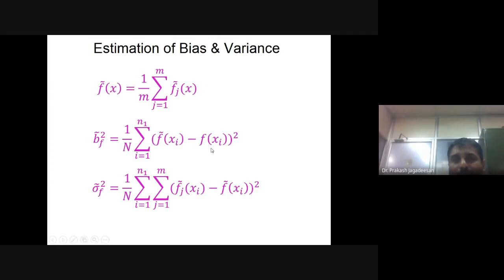So that is basically your f of xi, and f tilde xi is nothing but your model output. So one can find the bias, which is the difference between the true value and the model value. So one can estimate the bias as well as the variability experimentally also. And then you can compare the performance of various methods. What is more important here is you have to use a method which yields low bias and low variance.